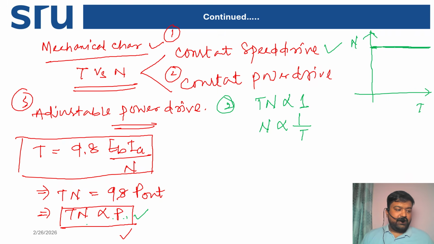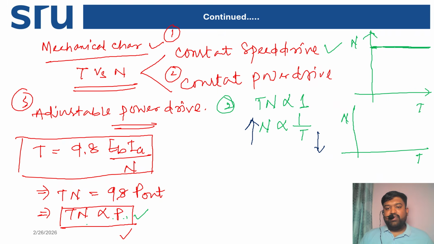Then if I draw the graph of these two, this is your speed, this is your torque. When the torque is decreased, your speed will be increased. And when the torque is increased, then speed will be decreased.